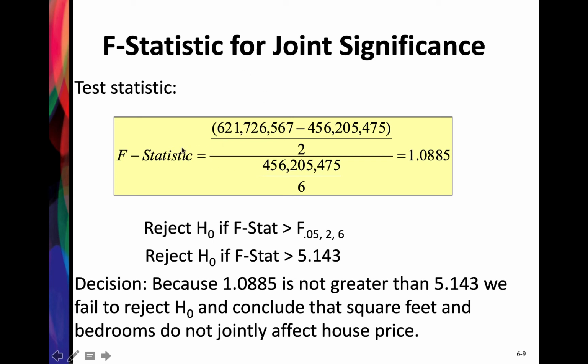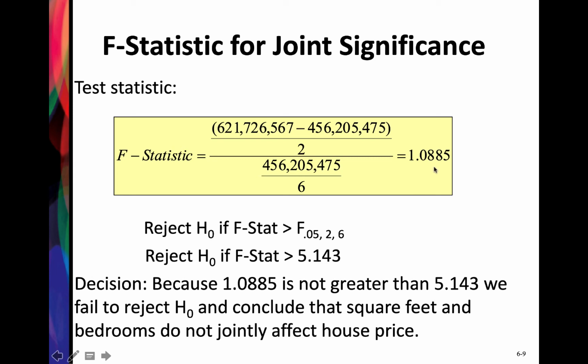The F distribution is always positive because it's a ratio of variances. And then in the denominator, this comes right here from our unrestricted model, and these are the degrees of freedom associated with our unrestricted model. After you do that, you just do the math, and this is our test statistic.